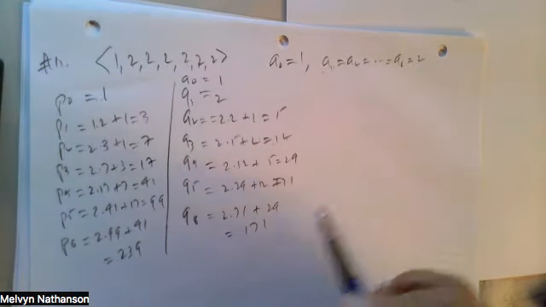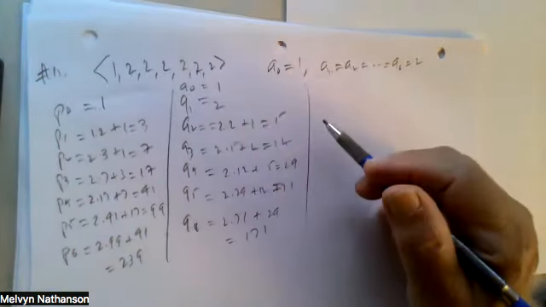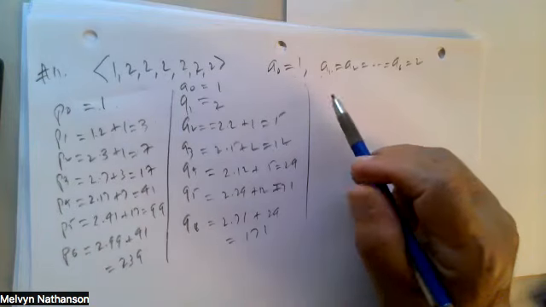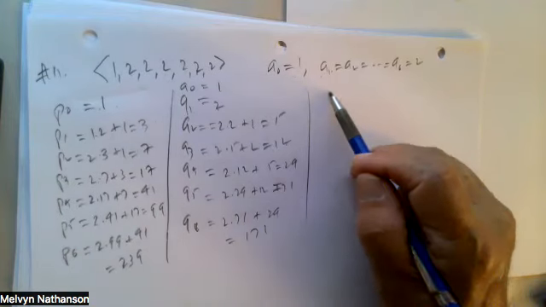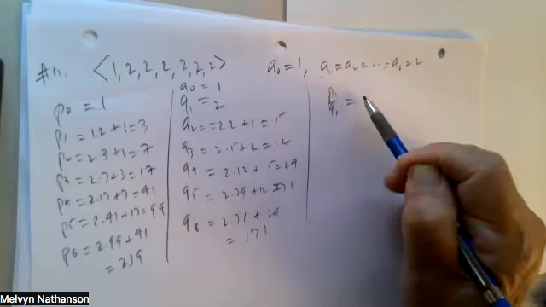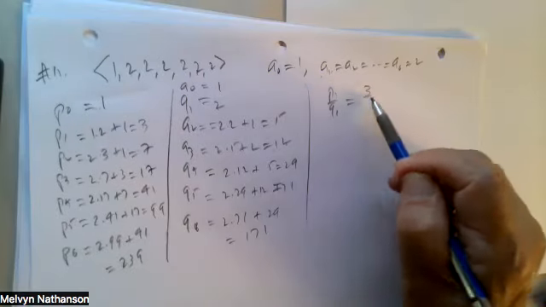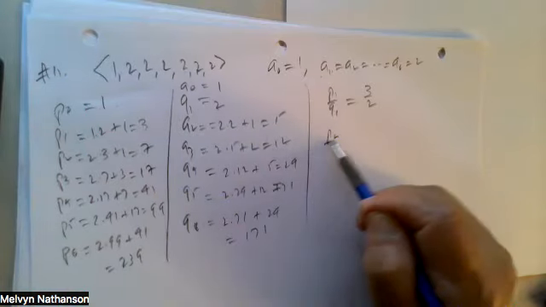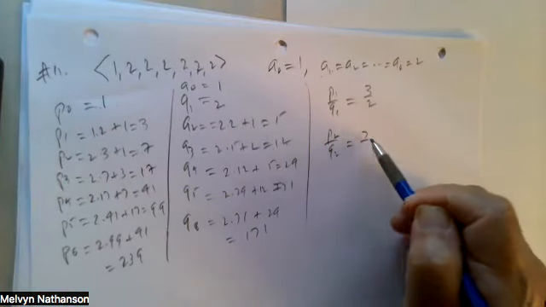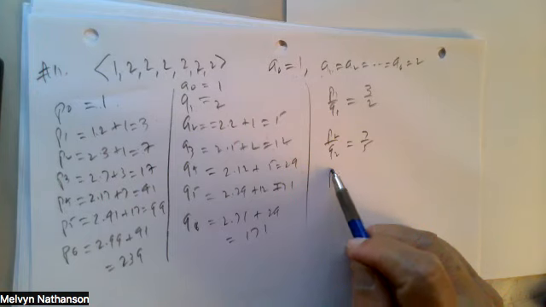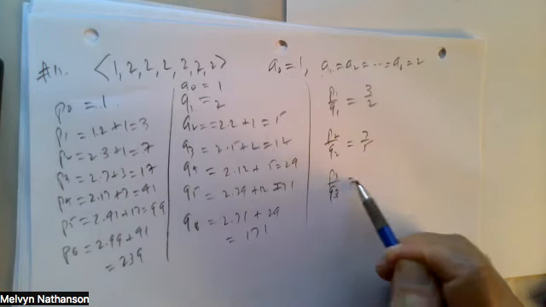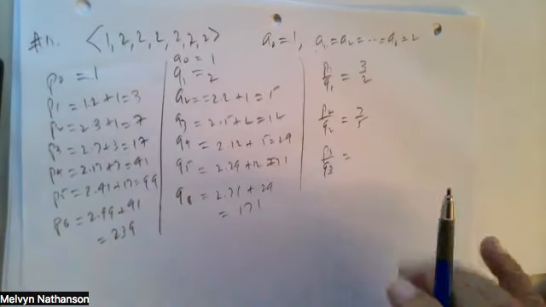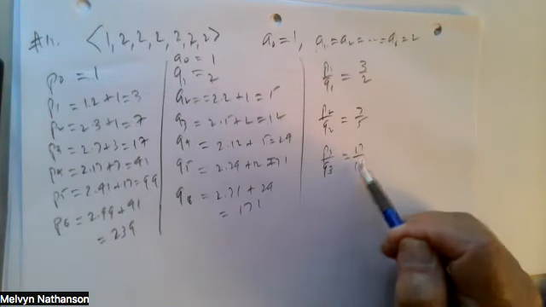So if I did my arithmetic correctly, what are the fractions that we get? P1 over Q1 is 3 over 2. P2 over Q2 is 7 over 5. P3 over Q3 is 17 over 12.